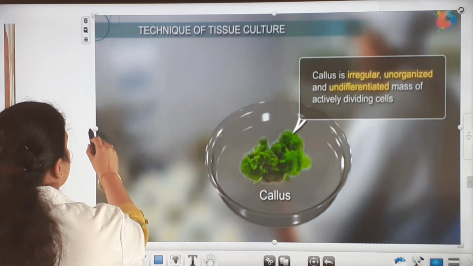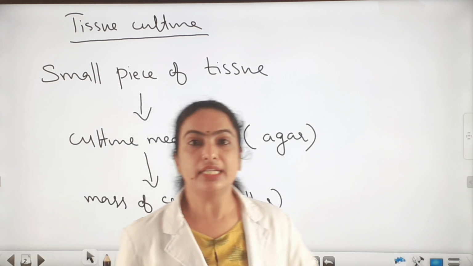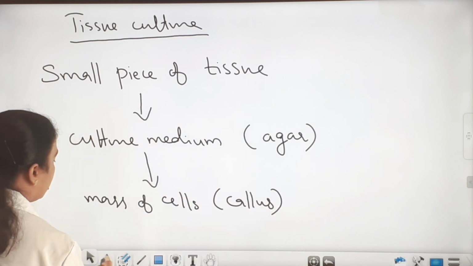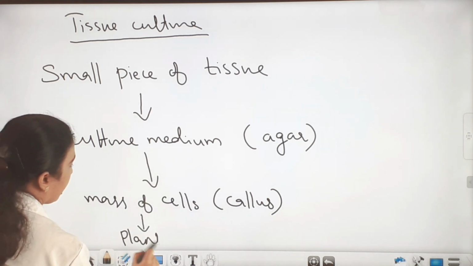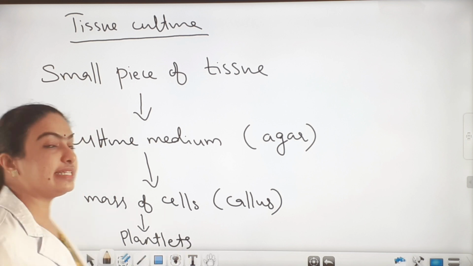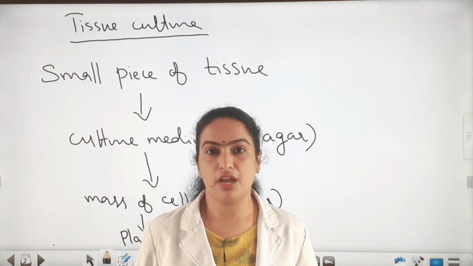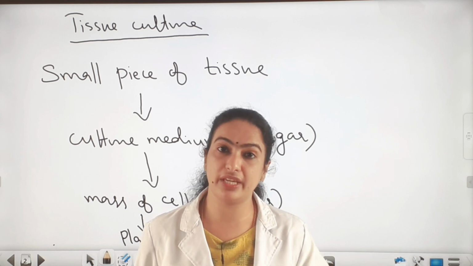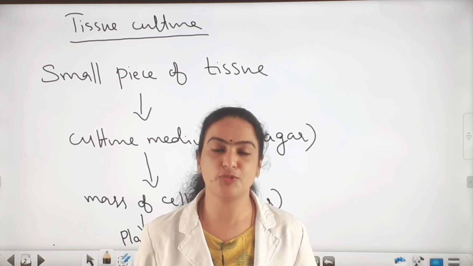Now this callus develops into plantlets, and each plantlet can be transplanted into soil or a pot. So we can raise an unlimited number of plants from a single parent by this method.